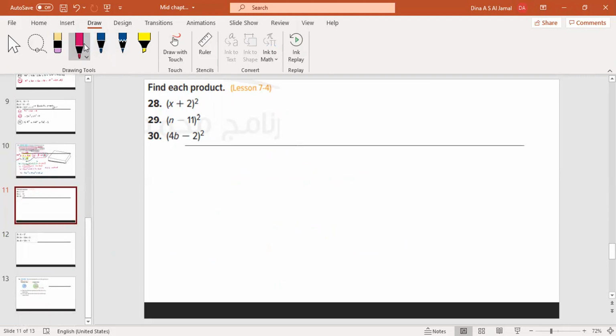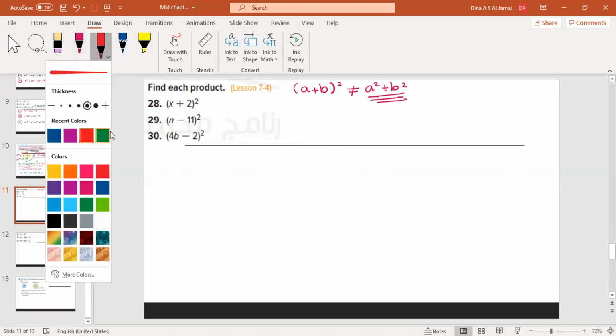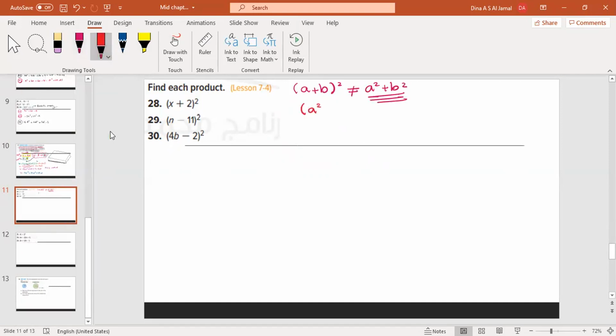In general, in this lesson, you are having a rule or a formula that (a plus b) all squared is not only a squared plus b squared and that's it. Many students are making mistakes in this. You need to pay attention that it is all about a term which is inside. So this is not right. Forget about it.